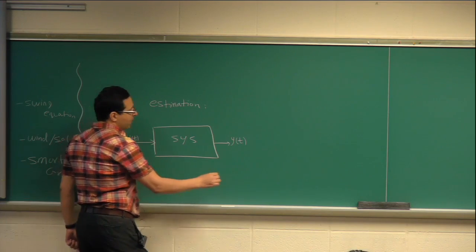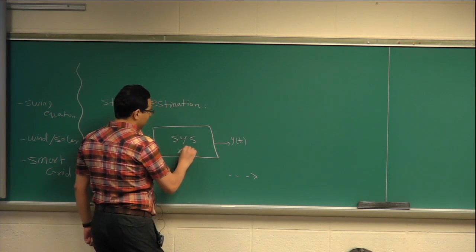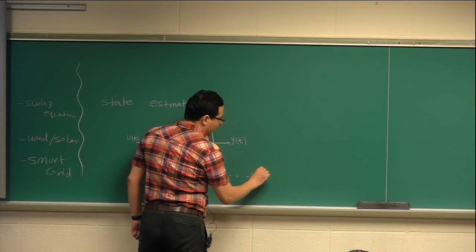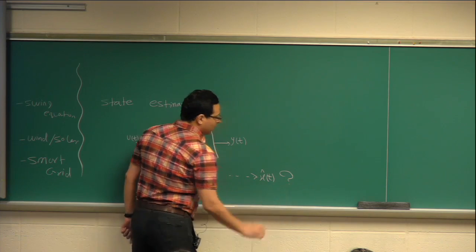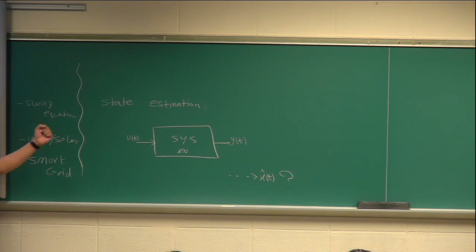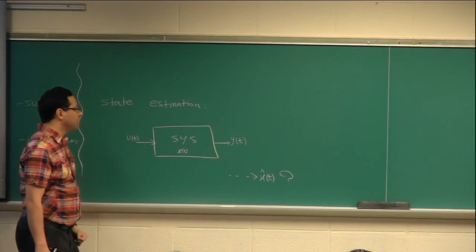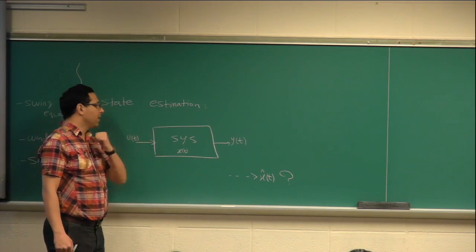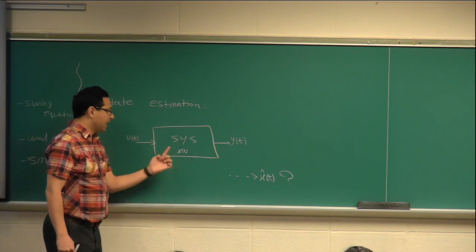How can we estimate the state of a system? If the state of a system is x of t, how can I estimate it? I call it x hat of t. So this is a state estimation problem. Based on the input that we apply to the system and the observation that we make, we want to deduce some conclusion about the behavior of a system, at least internally, and that's the state.